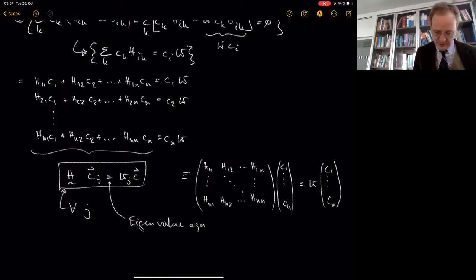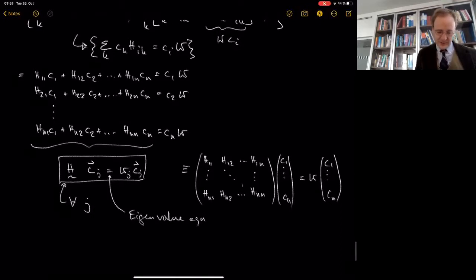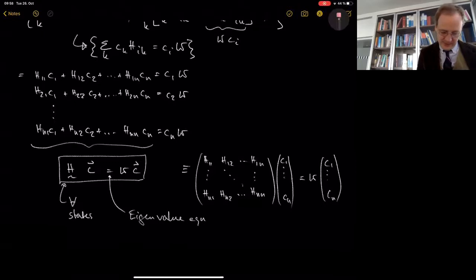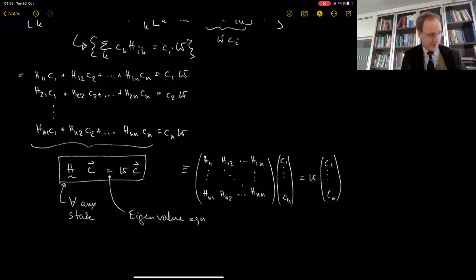Excuse me, I should put the j here as well. Let me keep this implicit here. And say we do this for all states. So for any state, we have this eigenvalue equation, and this is nothing else.